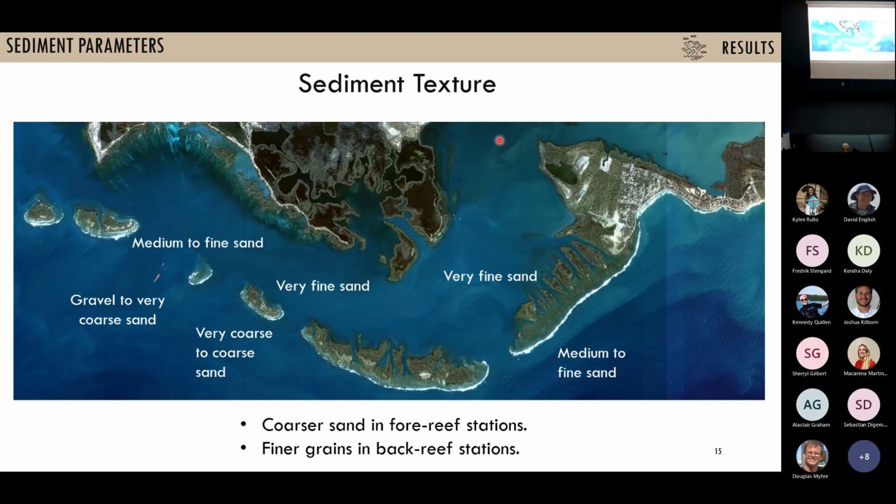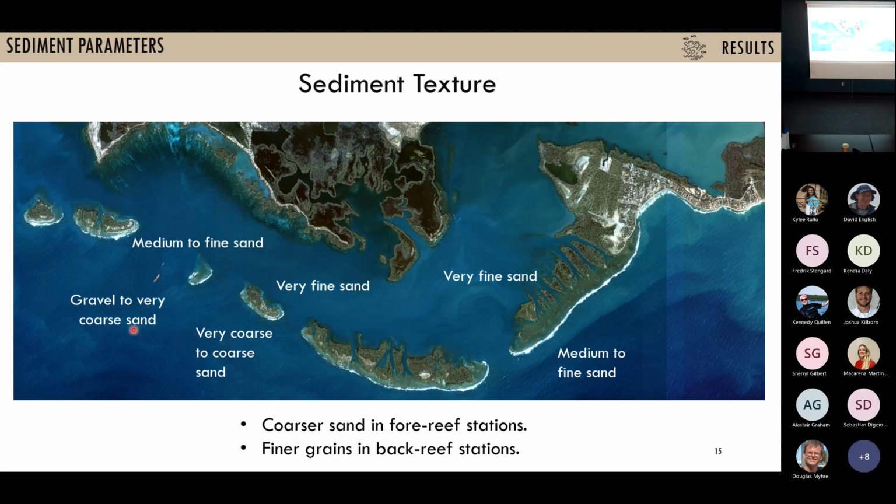So moving now to the sediment texture, also the grain size. This is a summary of the sediment texture of each reef. Here inside of the bay, which I also call the lagoonal area, it was mostly dominated by finer grains. It was a lot of muddy and stinky sediments.